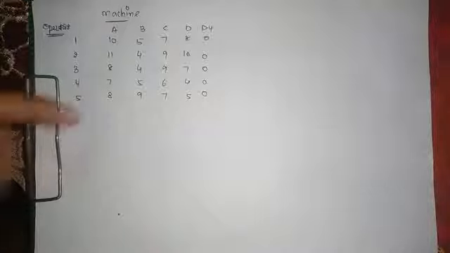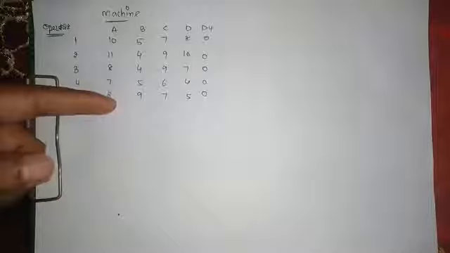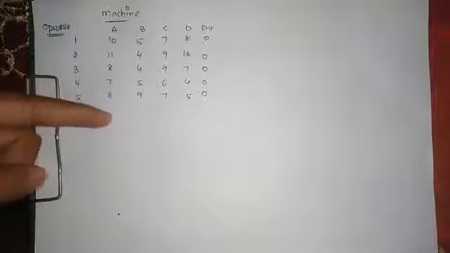Now next, whether this problem is of maximization or minimization. So if nothing has been given, you are going to take it as a problem of minimization. But if there is information that it is something which should be maximized, then it is a problem of maximization.